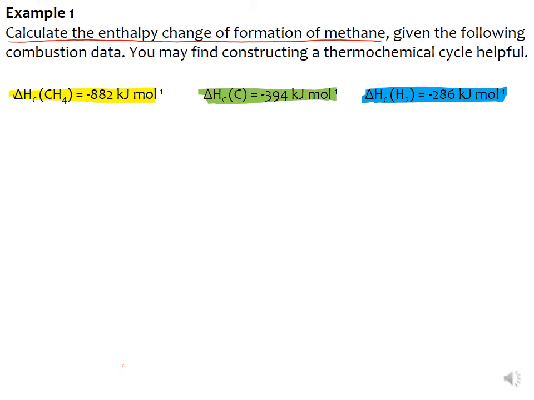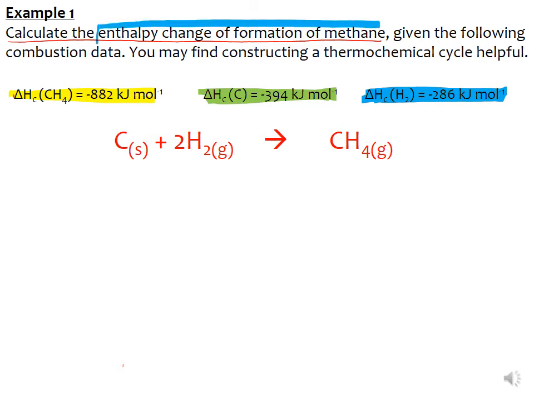The very first thing you need to do when you're doing these enthalpy change calculations is to make sure that you write out the equation that you're being asked for. So we are being asked to calculate the enthalpy change of formation of methane. C solid plus 2 H2 gaseous forms CH4 gaseous.